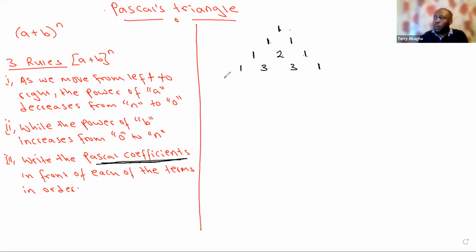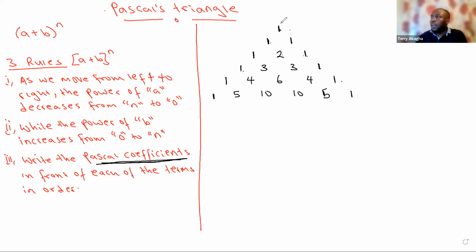Next: 1 plus 3, 4. 3 plus 3, 6. 3 plus 1, 4. 1 plus 1, 1. Next one: 1 plus 4, 5. 4 plus 6, 10. 6 plus 4, 10. 4 plus 1, 5. 1 plus 0, 1. As you keep going, you can keep going all the way till infinity.